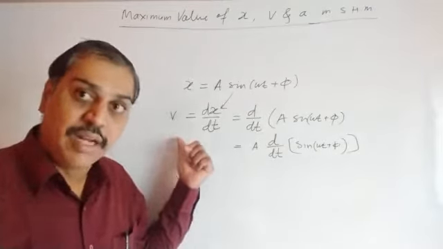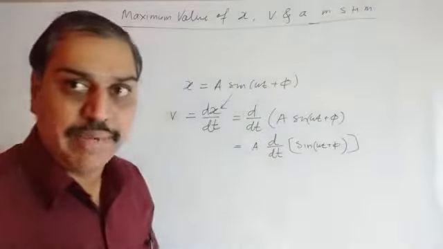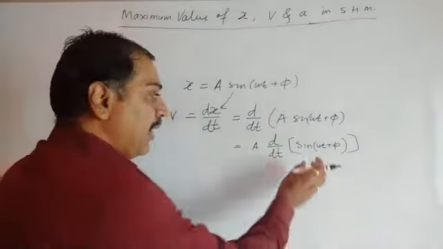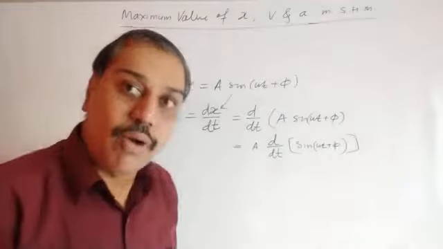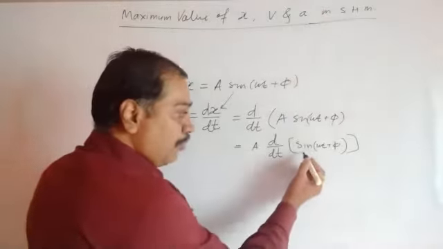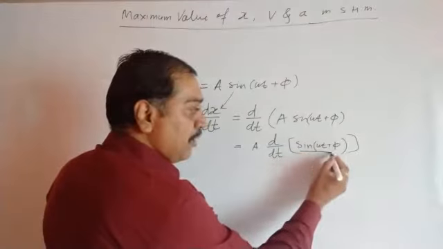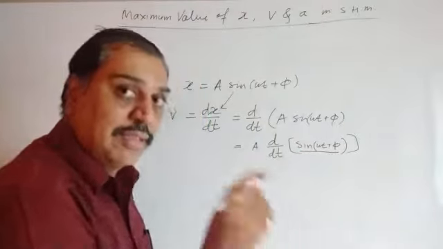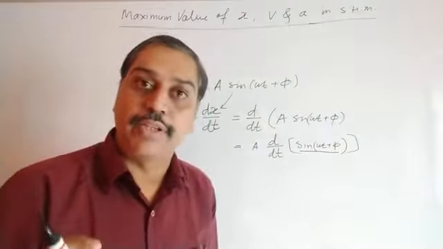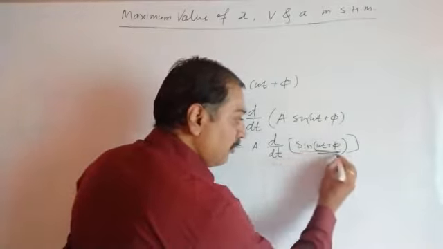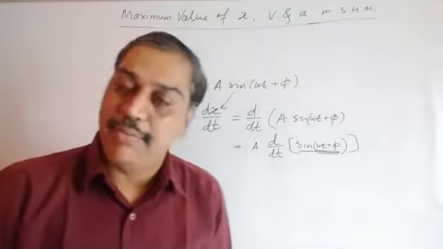Is it clear? Now let's do it. Those who don't have mathematics, don't worry. In derivatives there are some formulas. The derivative of sine theta is cos theta, and as it is a composite function, first find the derivative of the sine function, then find the derivative of the angle omega t plus phi with respect to time.